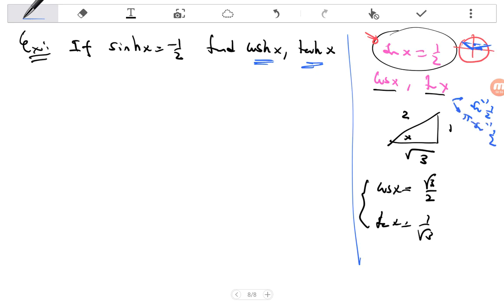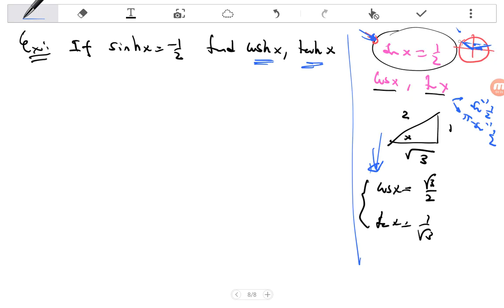You need to remind yourself of the solutions of trigonometric functions. We had two basic angles. So when I say sine x is equal to half, this is equivalent to two angles. This solution is just for the angle in the first quadrant. But you need to study what if the angle was in the second quadrant.